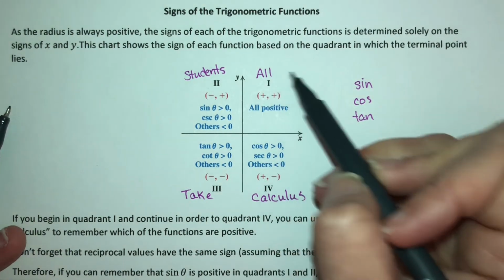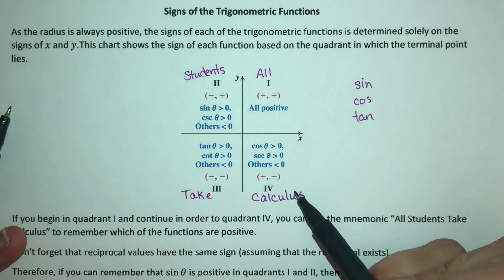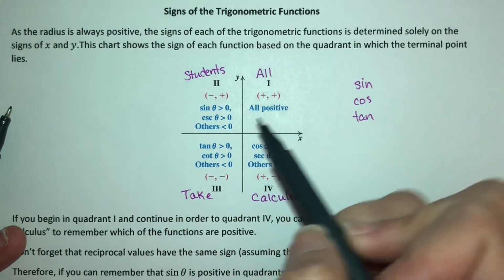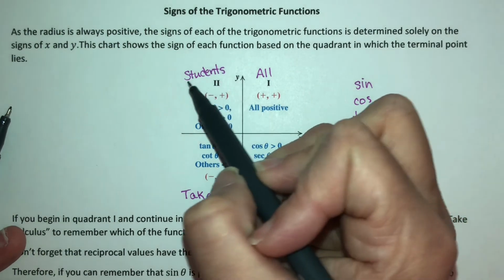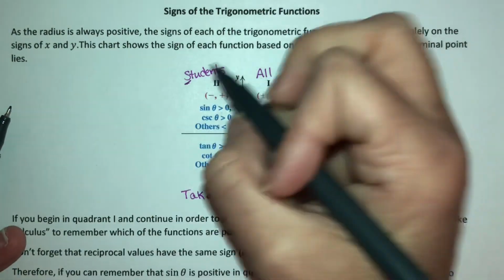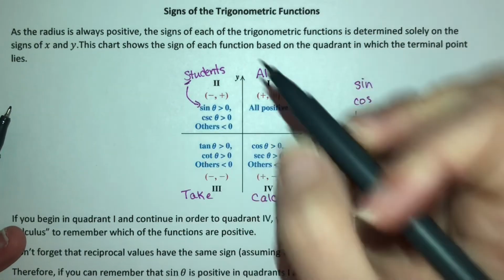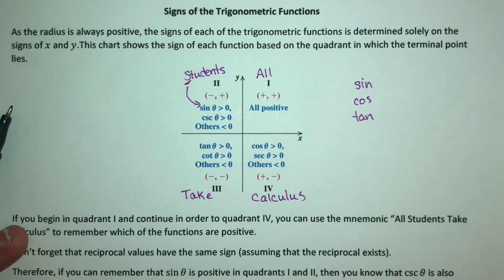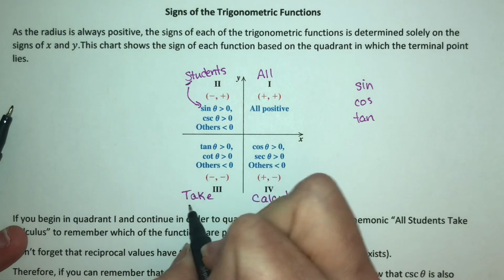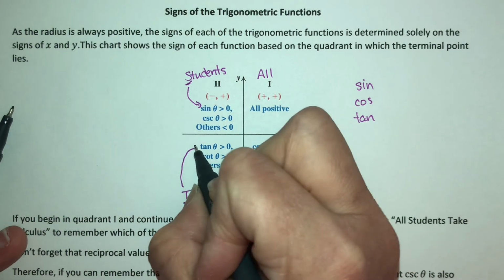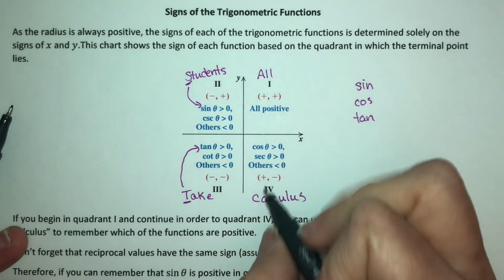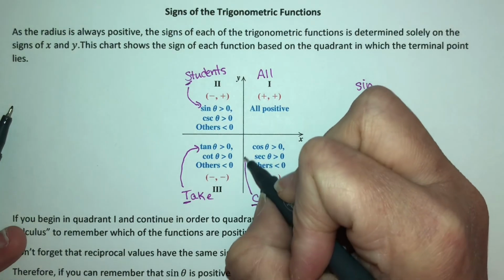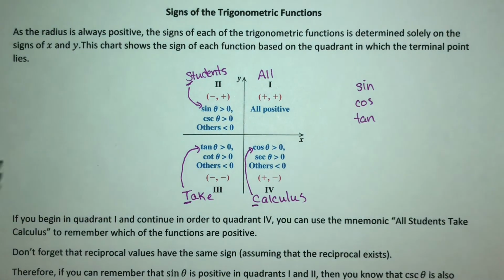In this quadrant, so you're going in order by the numbers of the quadrants, all of them are positive. Students, you have your S, and the S goes with sine. Sine is positive, and then its reciprocal function will also be positive. Take, T for tangent. That one's positive here, and C goes with cosine, and that can help you to remember which is which.